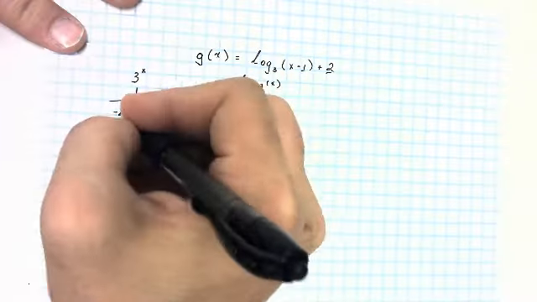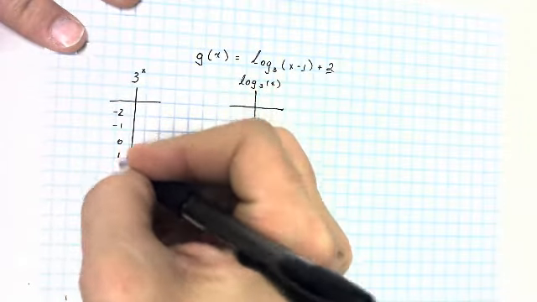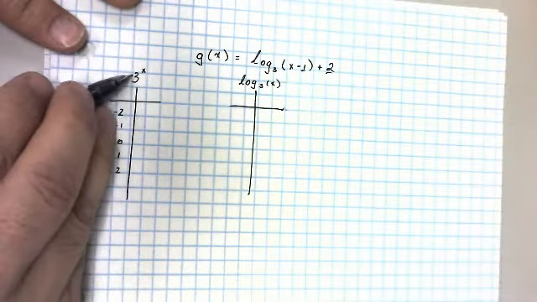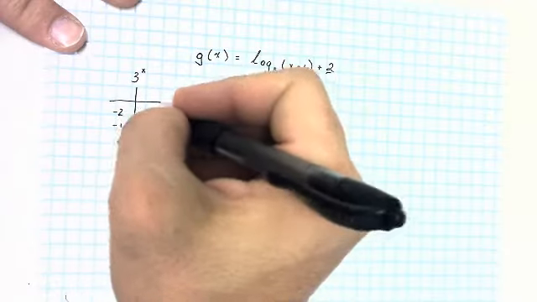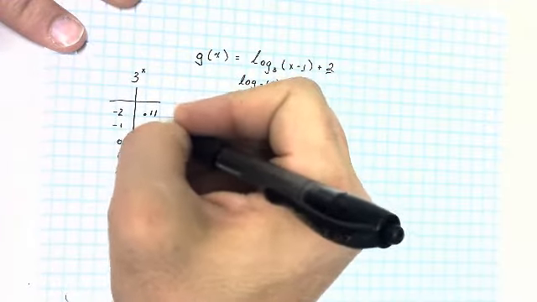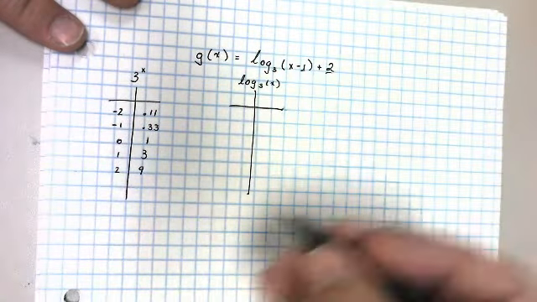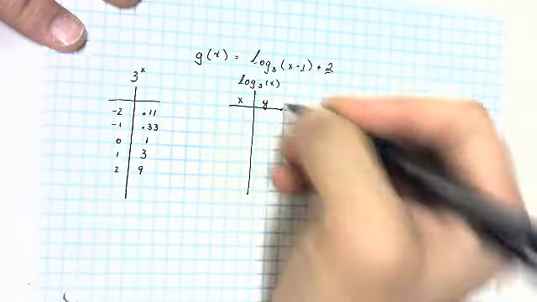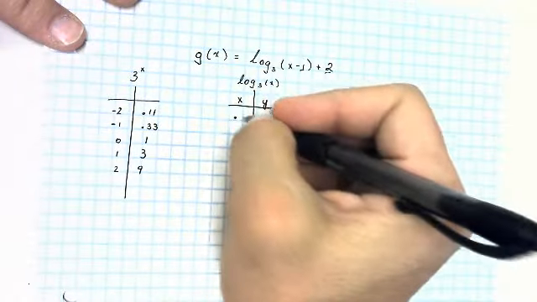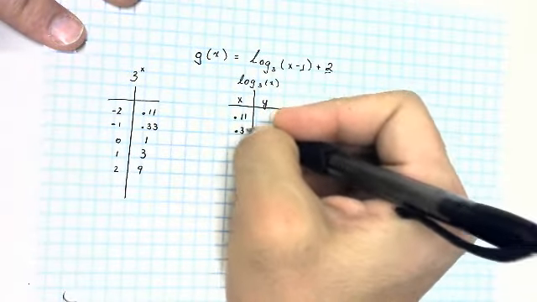Negative 2, negative 1, 0, 1, and 2, plugging them into this function, I get 0.11, 0.33, 1, 3, and 9. And to graph the logarithmic function, I'm going to switch my x and my y.